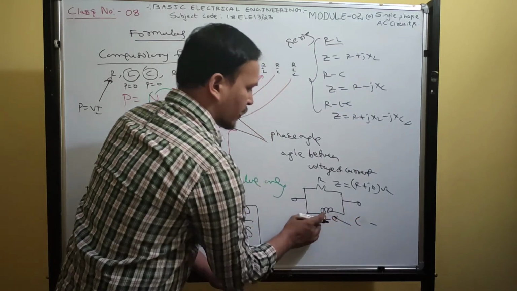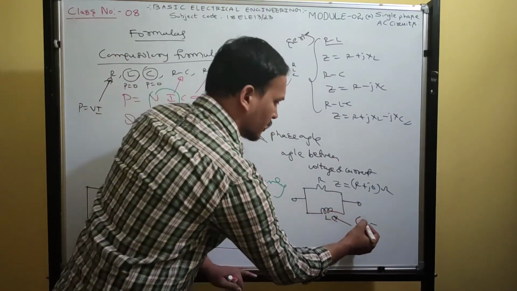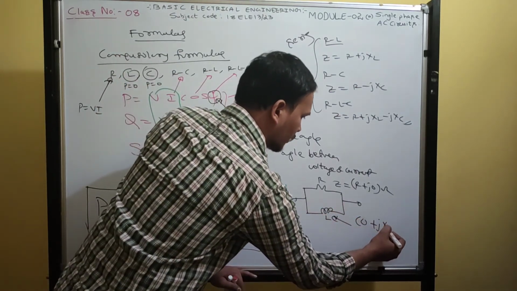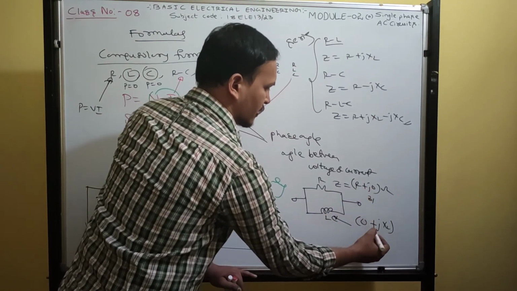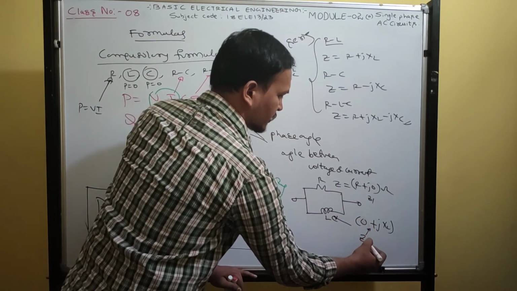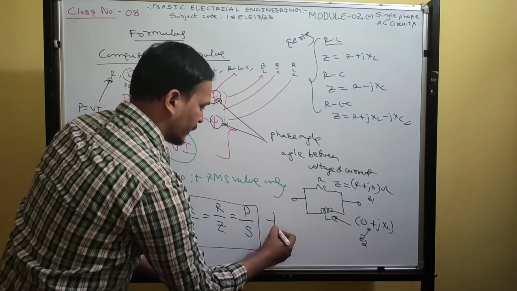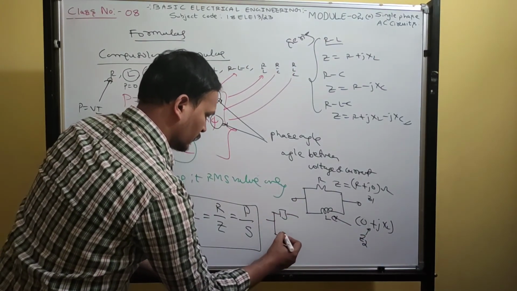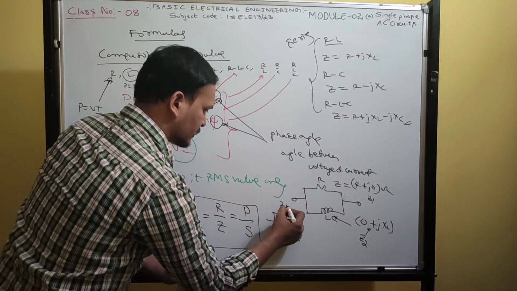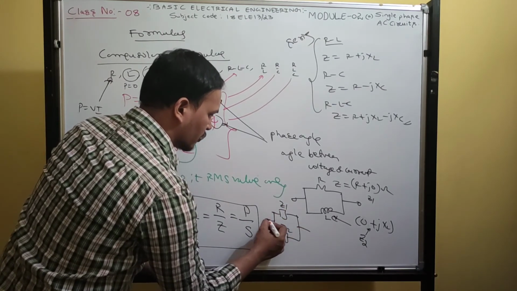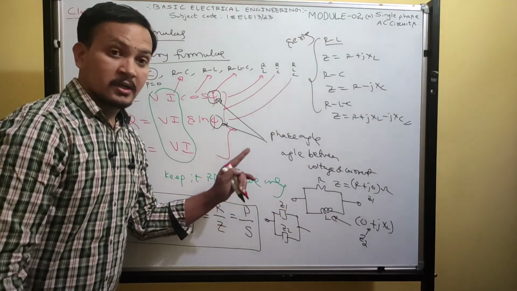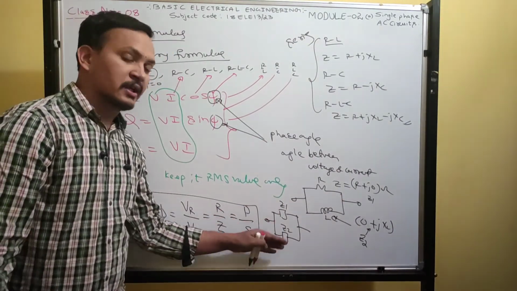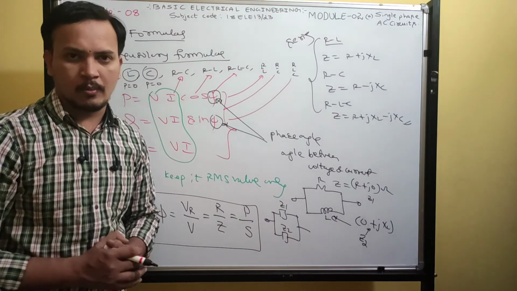There is no real part, only inductor: 0 plus jXL. So this will be one impedance, let us call it Z1. This will be another impedance, Z2. Both are connected in parallel, so this gives the effective impedance. Like that you can solve the problems.